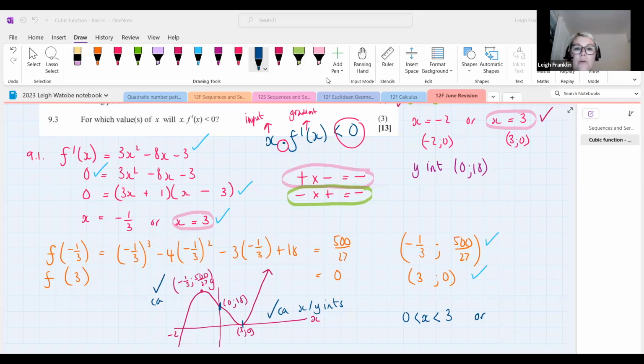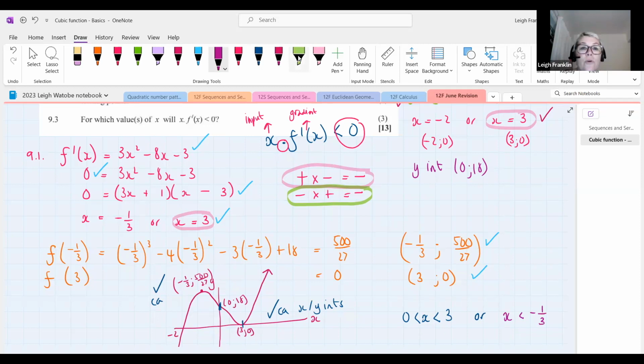Someone had a very good answer. And Nhlanhla, it's not just from -2 to -1/3. Even though it's smaller than -2, the gradient is still going to be positive. Can you see that? So that's going to be where x is a number that is smaller than -1/3.